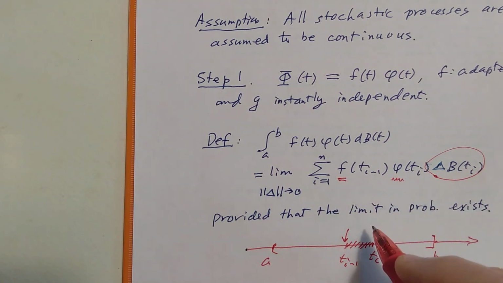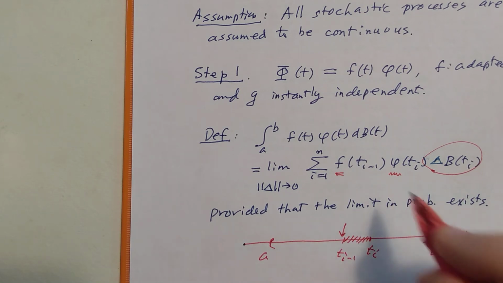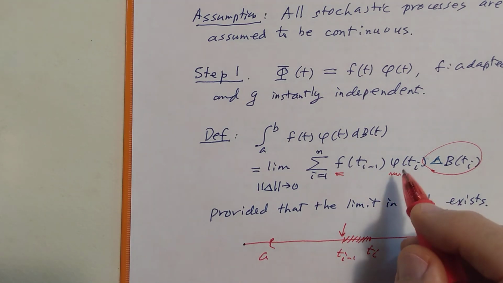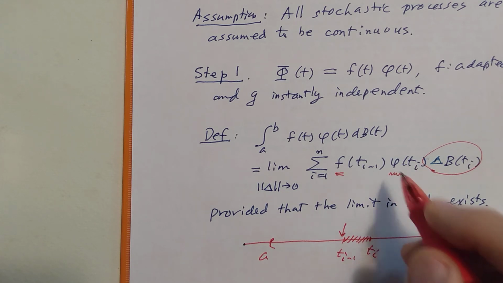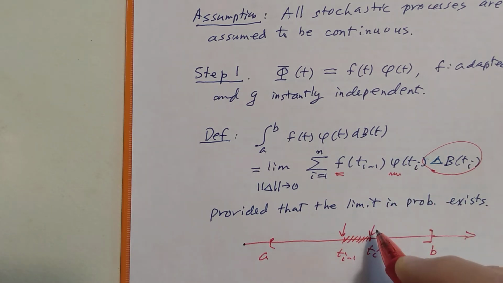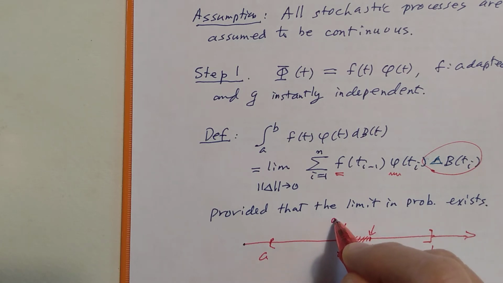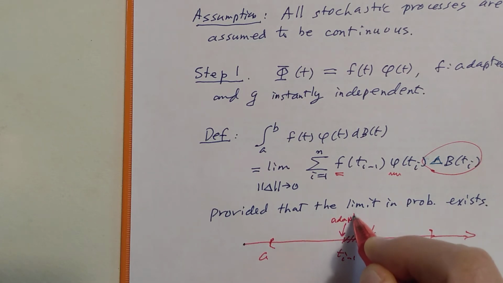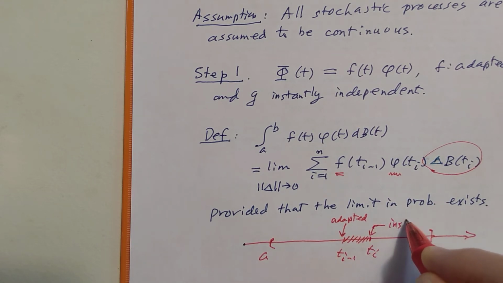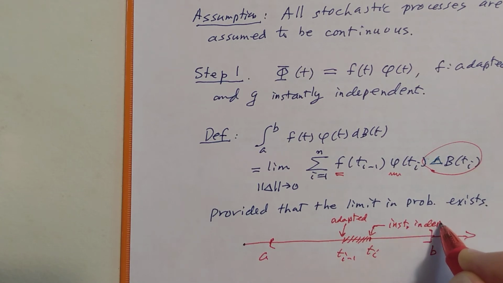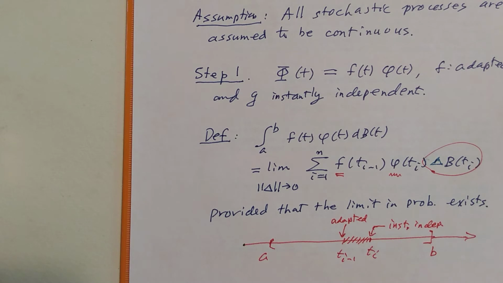The evaluation of the instantly independent stochastic process phi is at the right endpoint. So this is for the adapted factor, and this part here is for the instantly independent stochastic process phi t.